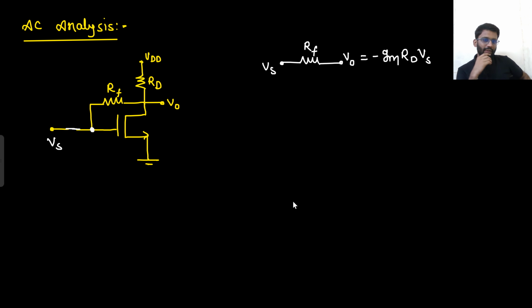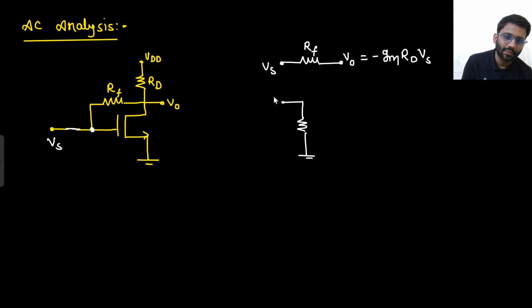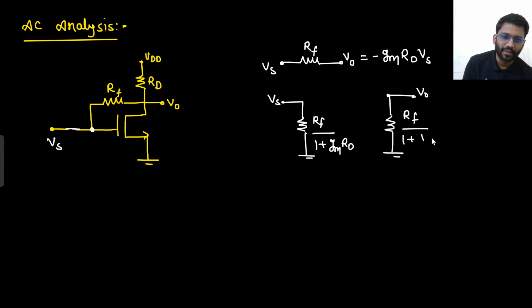So I can apply Miller's theorem, and at the input side from the Vs, I can write Rf upon 1 minus A, that means Rf upon 1 plus GmRD, and at the output side, at the node of V0, I can write Rf upon 1 plus 1 by GmRD.